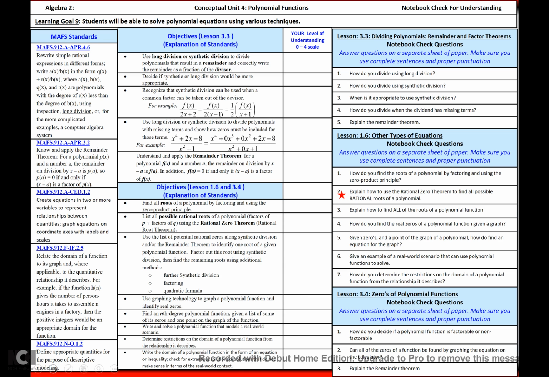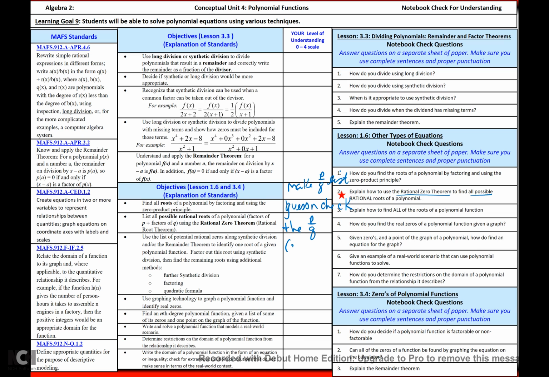Alright, so explain how to use the rational zero theorem to find all possible rational zeros, or rational roots, of a polynomial. Well, you use the rational zero theorem to make your PQ list, and then you guess and check the PQs.